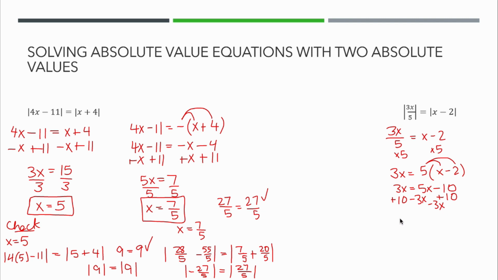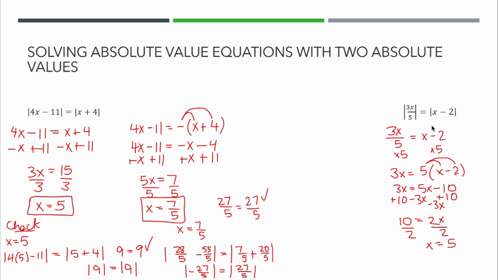So we get 10 is equal to 5x minus 3x, which is 2x. Divide by 2 on both sides, and we get x is equal to 5. Now again, we're not boxing that because we don't know if we have an extraneous solution.